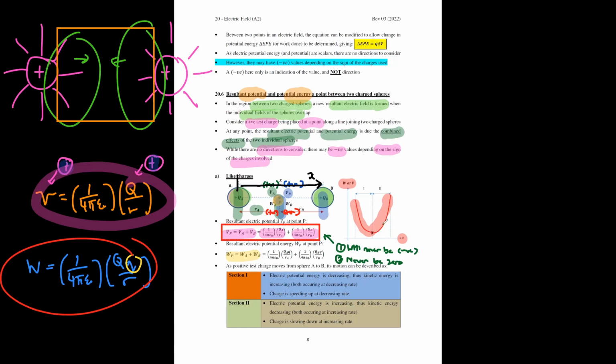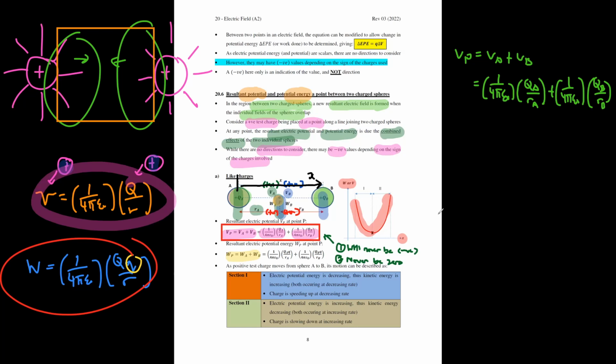As for why the general graph shape is like that, it can be explained like this. Let me write something here. VP is equal to VA plus VB, which is 1 over 4 pi epsilon naught QA over RA plus 1 over 4 pi epsilon naught QB over RB.